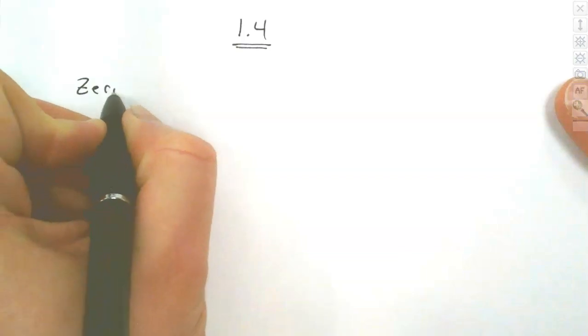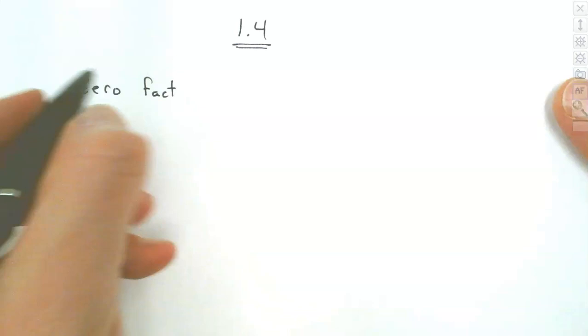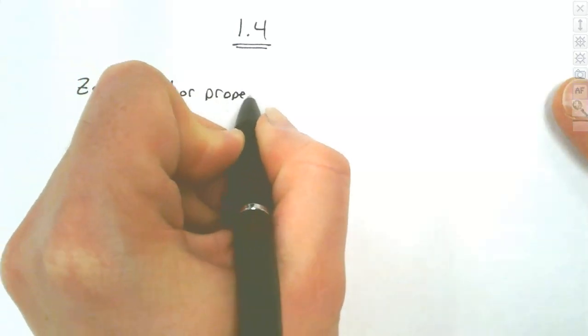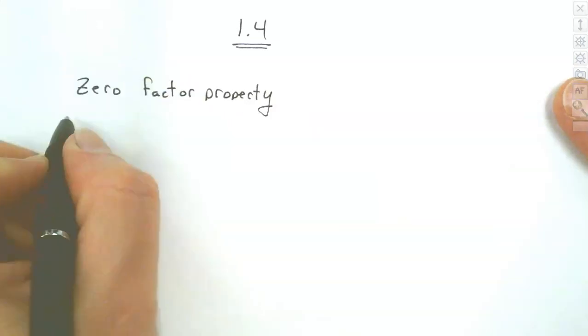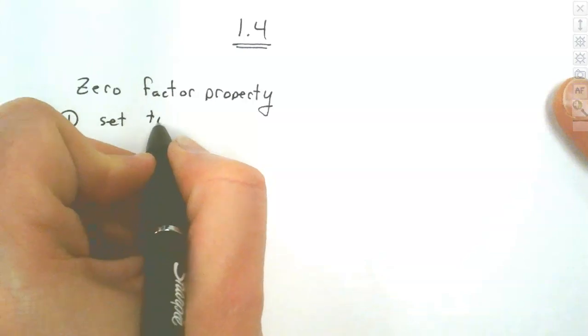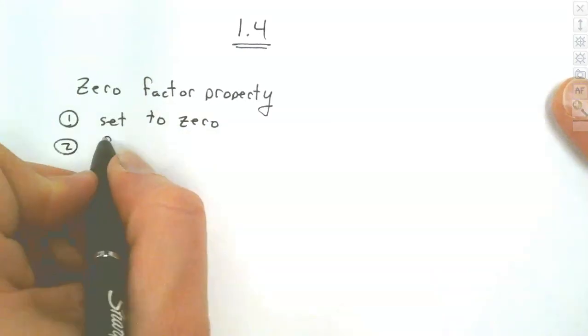And here's what we do with zero factor. So we're going to learn about the zero factor property. To use the zero factor property, what we first do is we set to 0. Then we factor.